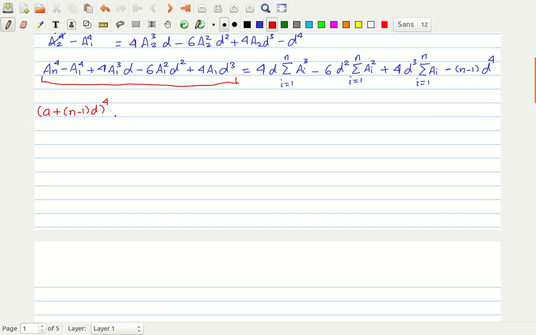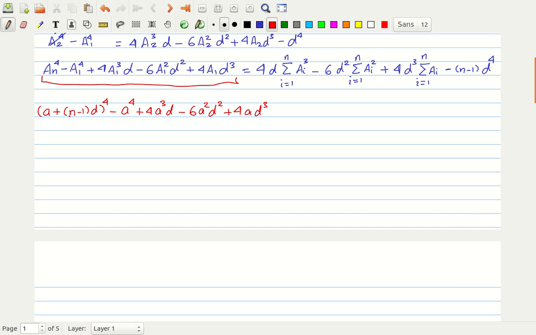We know what a1 is. We know a1 is simply a, so we subtract a to the power 4, plus, a1 is a, so this is 4a cube d minus 6a square d square plus 4a d cube, right?